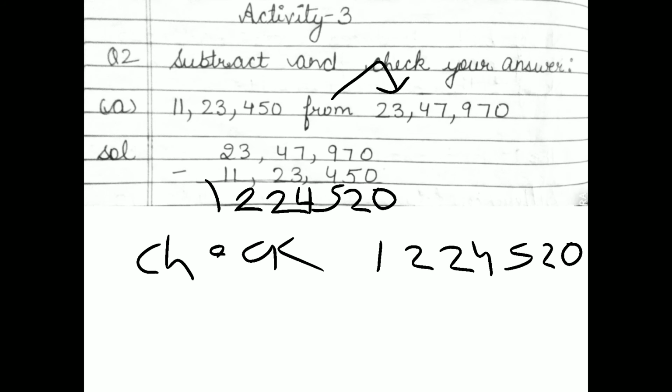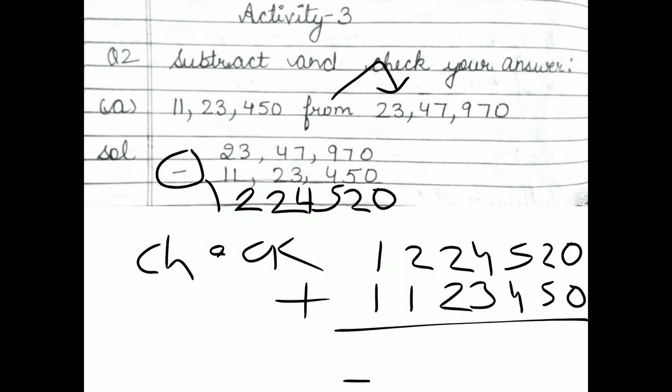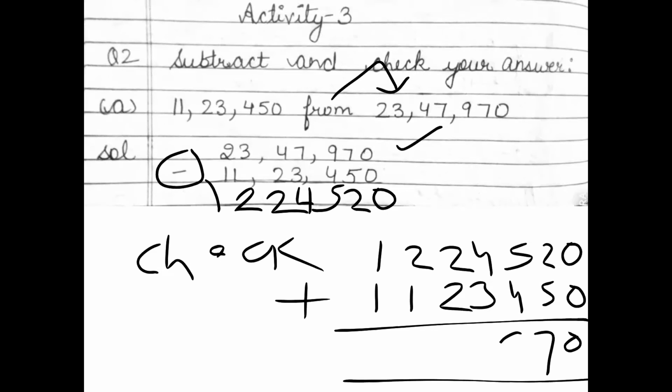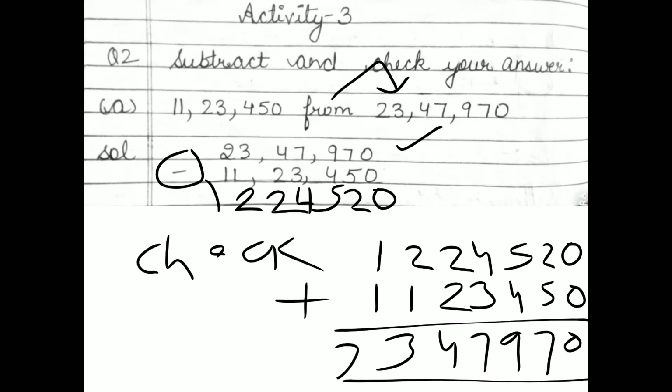Then you write the second number 1, 1, 2, 3, 4, 5, 0. Now this minus sign becomes a plus sign. And now you add it. If this answer and this answer are the same, it means your answer is correct. 0, 7, 9, 7, 4, 3, 2. The same answer is coming, so it is correct.